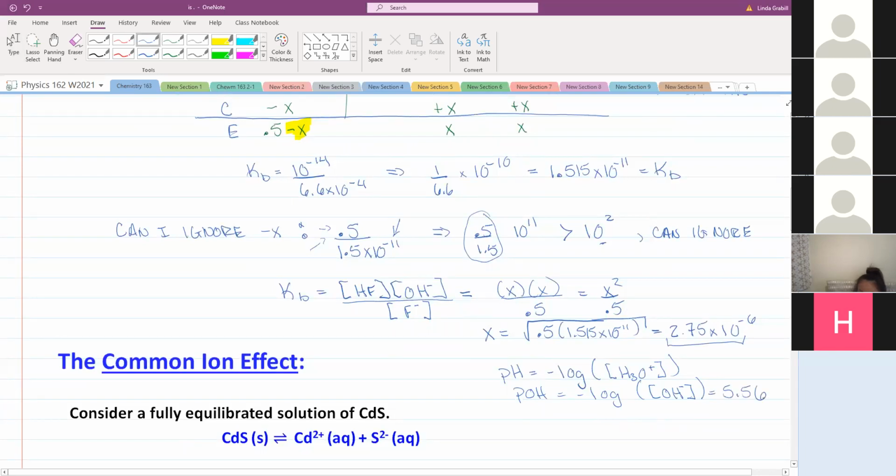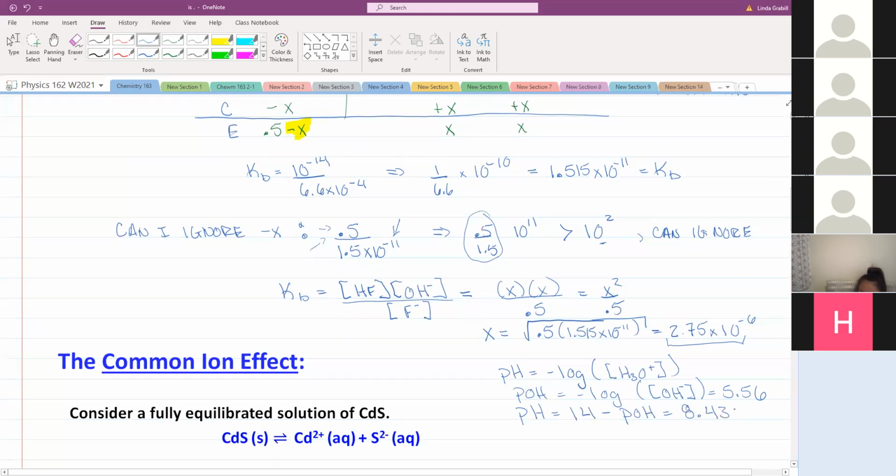Then for pH, I got 8.4397133034. So 14 minus the pOH, in other words. Cool. And you got 8 point something or other?